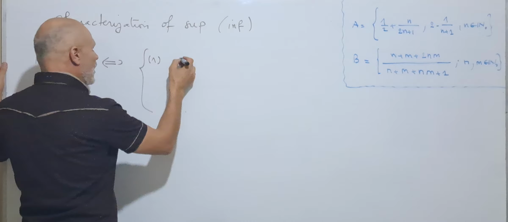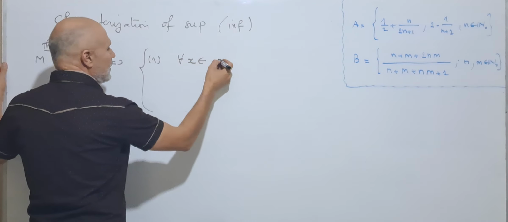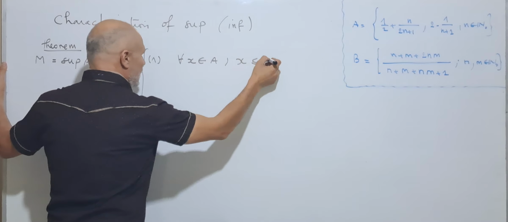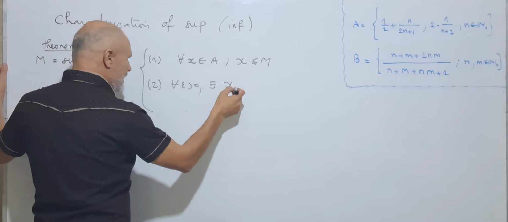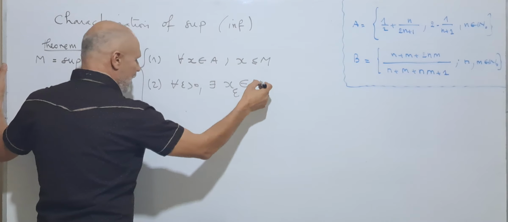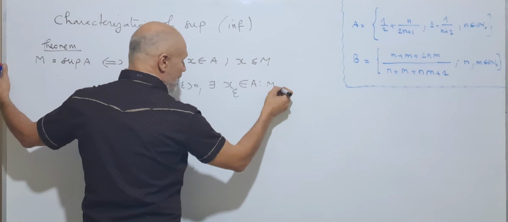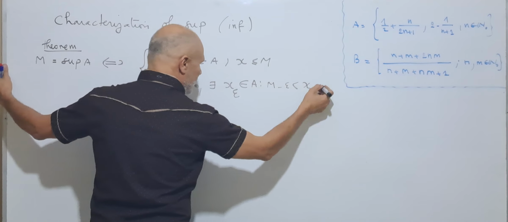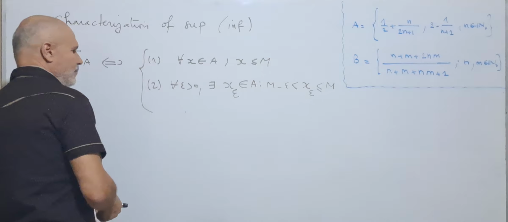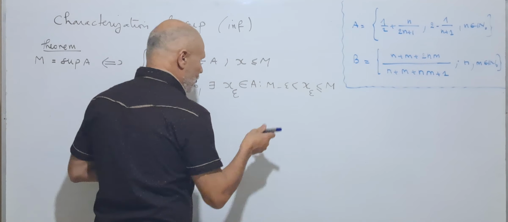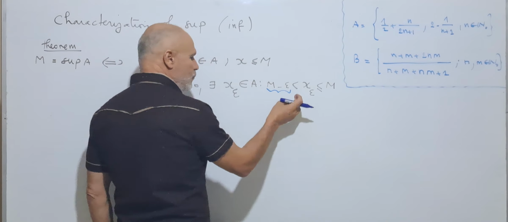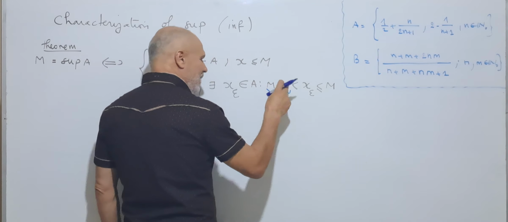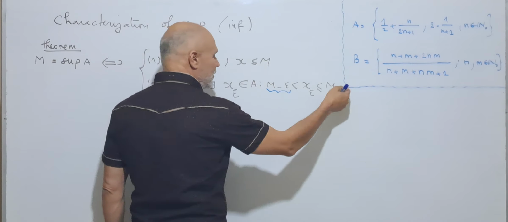One, for all x belonging to I, x is less than or equal to M. And the second condition, for all epsilon greater than 0, there exists x epsilon which belongs to I and which verifies M minus epsilon strictly less than x epsilon less than or equal to M. We can read this as follows: if we move just epsilon, M minus epsilon is no longer an upper bound.